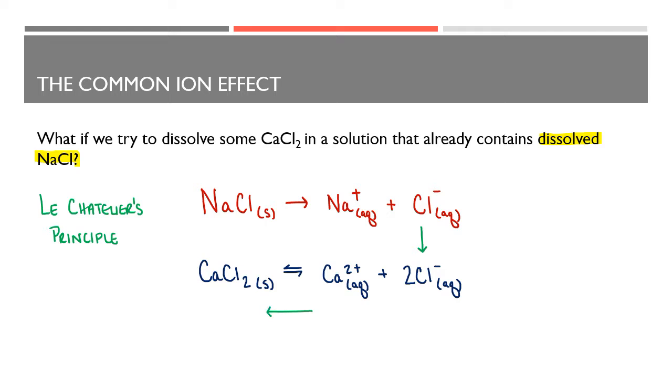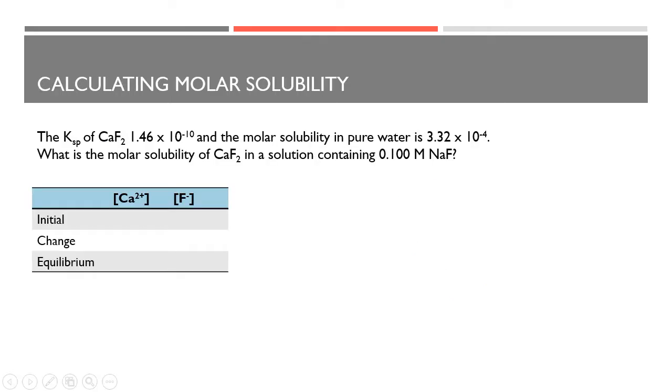And what that will do is shift the equilibrium to the left, or to the reactant side. And what you'll see is that the calcium chloride is less soluble in water that already has sodium chloride dissolved in it, because of the chloride that's dissolved in it. So the sodium chloride has an effect, or sort of interferes with the dissolving of the calcium chloride.